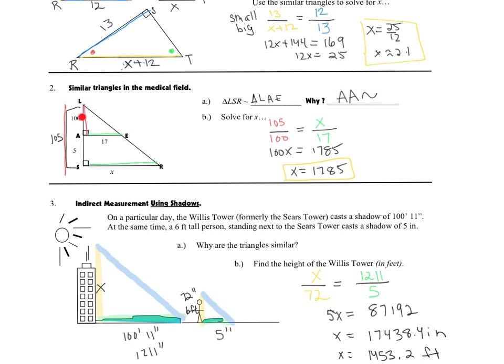And so if this is LSR, then this will be LAE. From that, we can set up our proportion. If we look at the large triangle here, 105, to that smaller part, 100, that should be in proportion now to the larger part here, x to 17. If we cross multiply and divide, we see that our answer is 17.85.